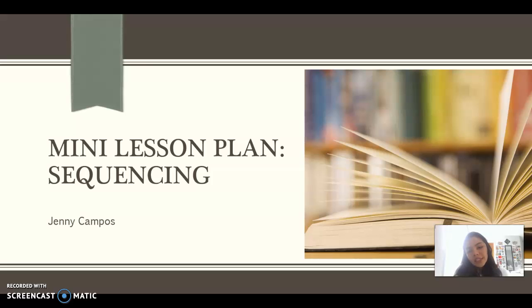I got sequencing, and this is actually going to be a little bit different than my original lesson plan that I had made a while ago. That's just because once I reviewed it, I realized that it might be a little too difficult for the students that I had in mind, which are a group, not a whole class, but a group of EL 6th grade students, level 1, maybe level 2 English.